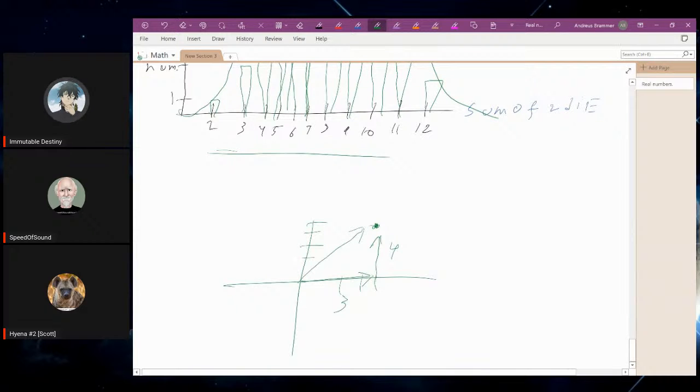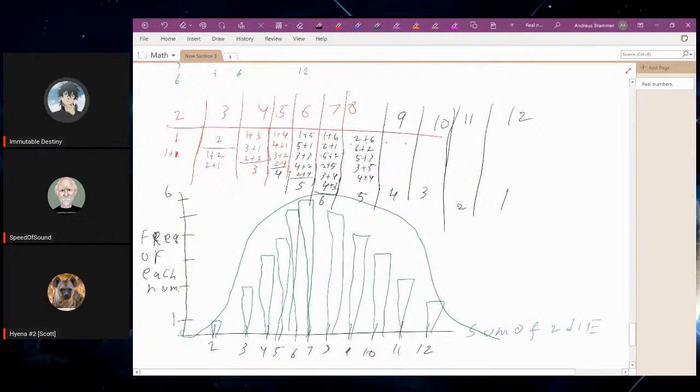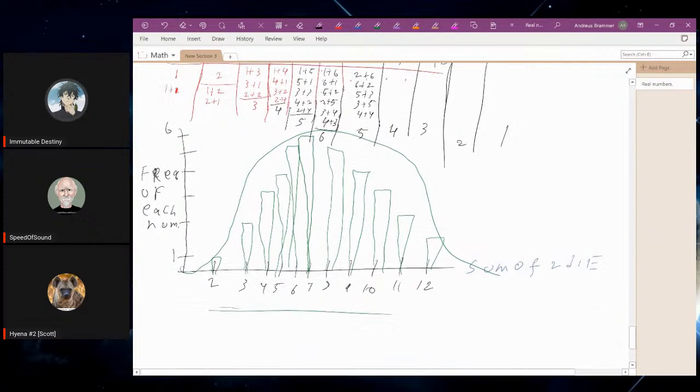So that's the idea of superposition. In much the same way with dice, that you're asking about how many ways can you sum to a specific number.